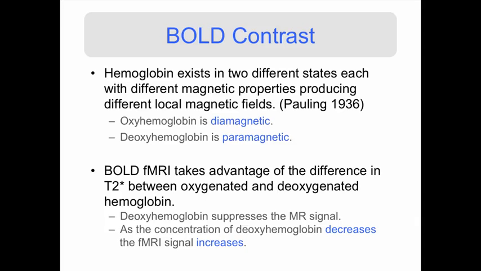And so BOLD fMRI takes advantage of the difference in T2 star between oxygenated and deoxygenated hemoglobin. Because deoxyhemoglobin is paramagnetic, it creates an inhomogeneity in the magnetic field, which causes the nuclei to dephase quicker, and therefore it suppresses the MR signal. As the concentration of deoxyhemoglobin decreases, however, and we have more oxygenated blood, the fMRI signal will increase.